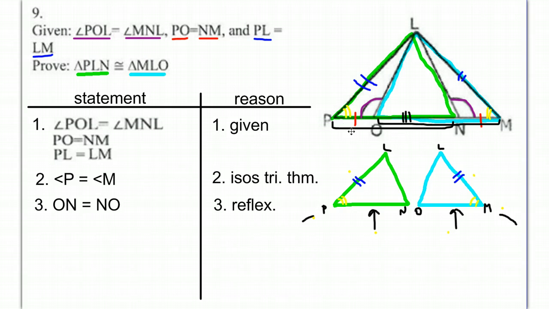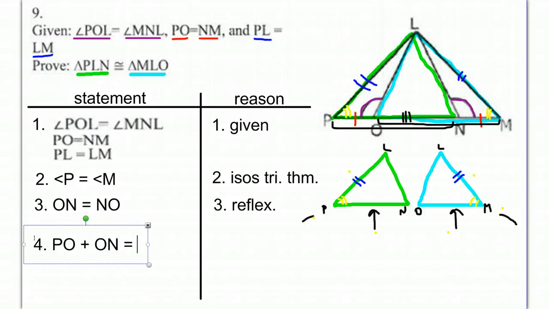That doesn't get us all the way there, though. We still want to prove that these larger sides, PN is equal to MO. To do that, let's do parts to whole. Let's take the two parts. We know that PO plus ON equals PN. PO, short segment here, plus ON, short segment here, equals PN, the larger segment.